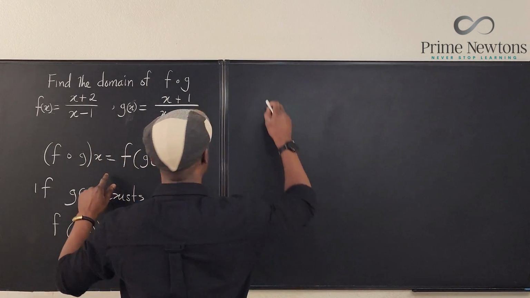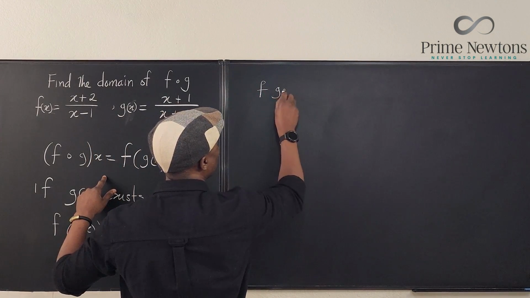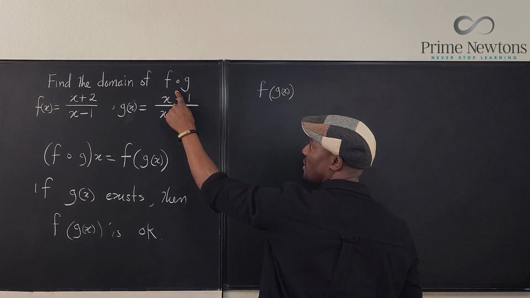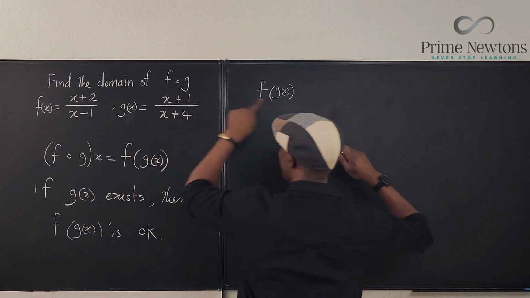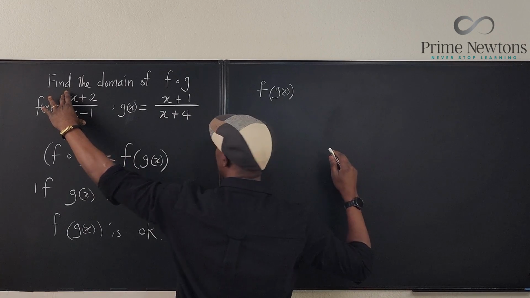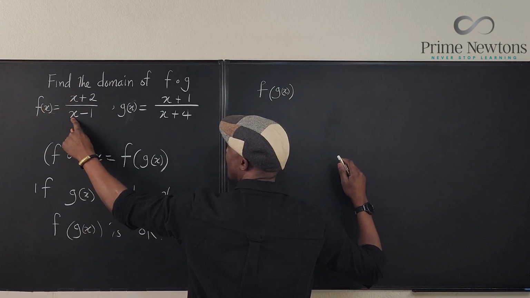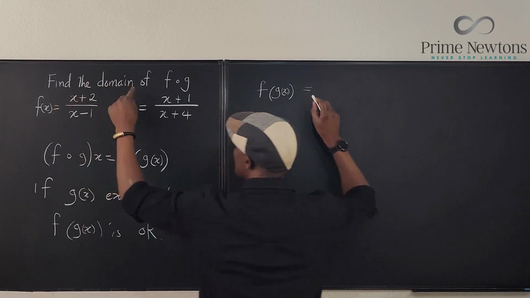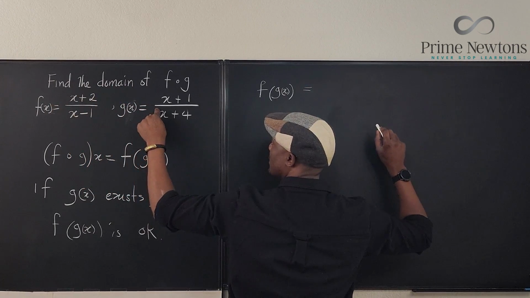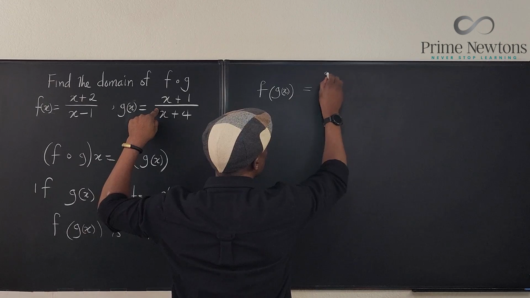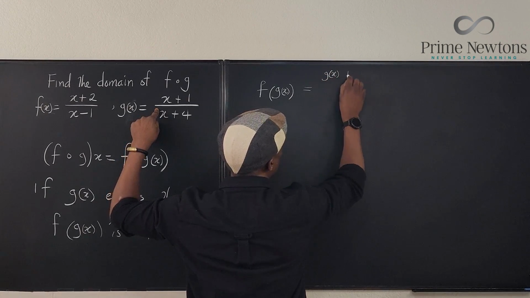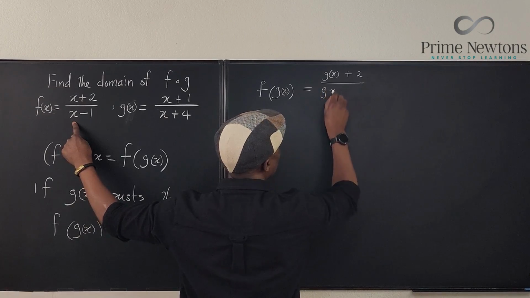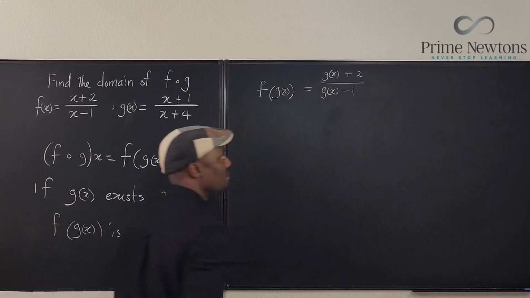So here, what is f of g of x? What this means is the same thing as what we wrote here. Remember, this is another way to write this. So this is the function. Instead of putting x, we're going to be putting g of x. So this function will now look like this. Everywhere you see x here, this is what you're going to put. So it's going to be g of x plus 2 over g of x minus 1.